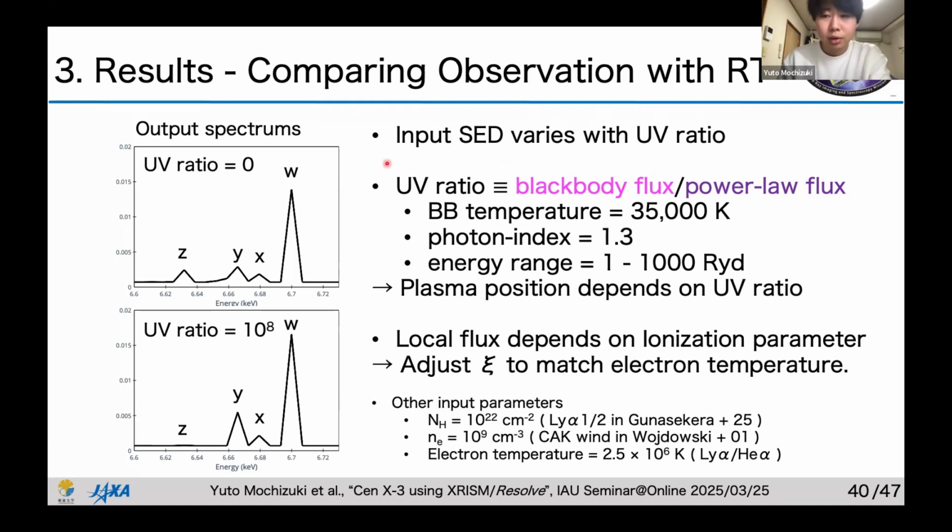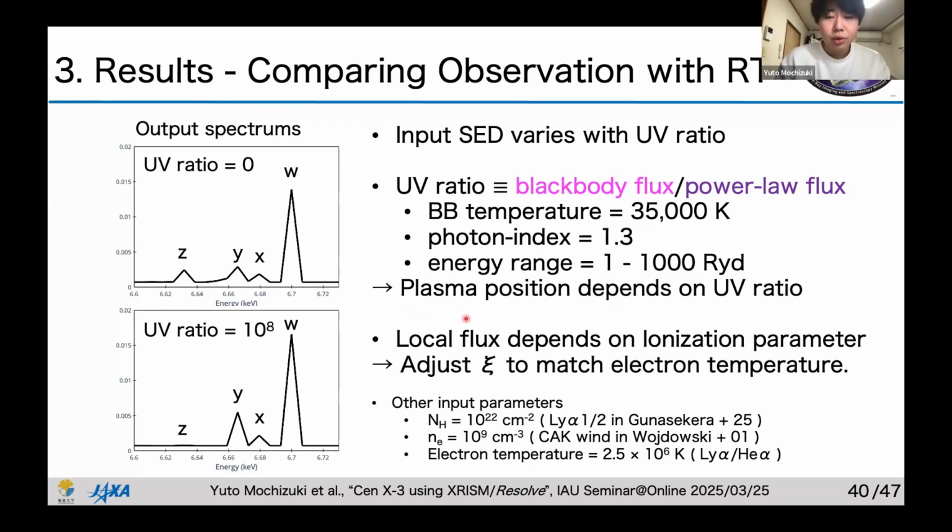The UV ratio is defined as the black body flux from the O star divided by the power-law flux from the neutron star. The black body temperature is 35,000 Kelvin and the photon index is 1.3, as estimated from the out-of-eclipse observations. And the energy range is from 1 to 1,000 Rydberg.